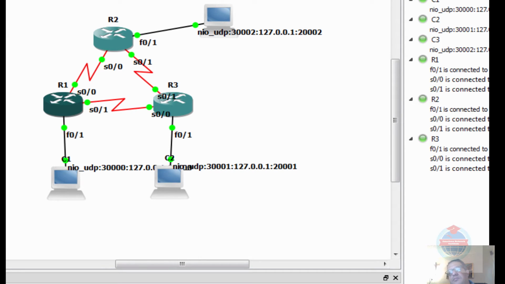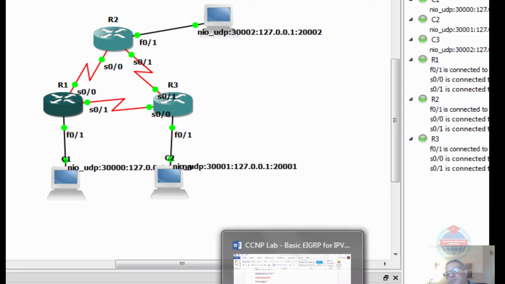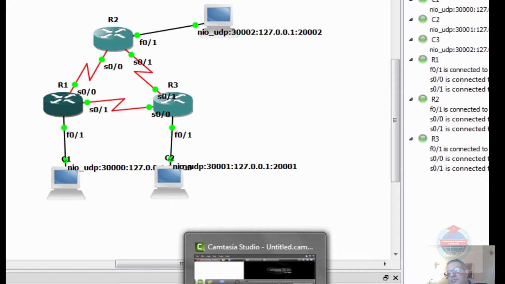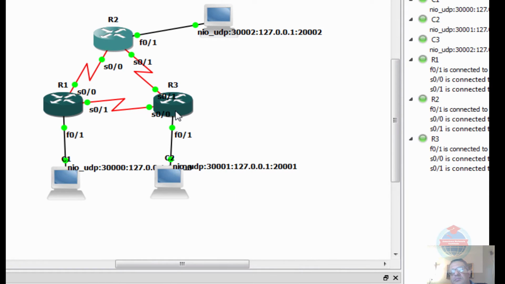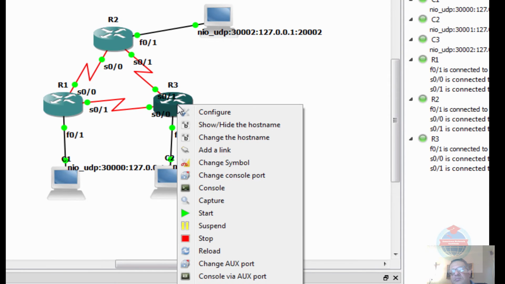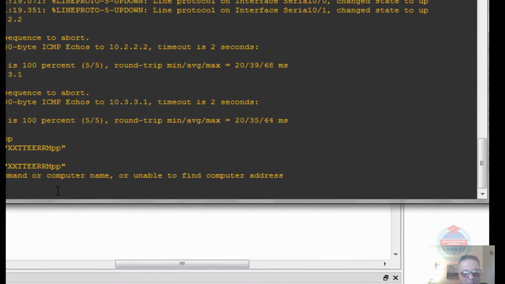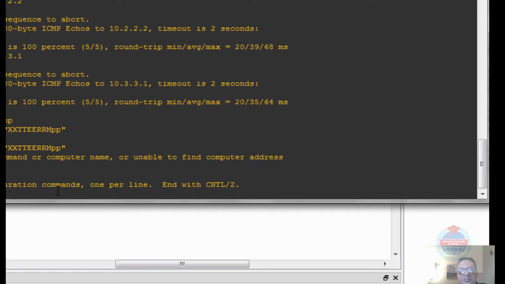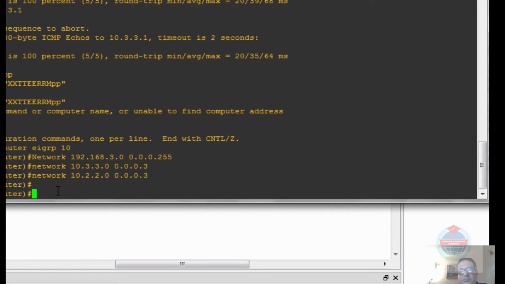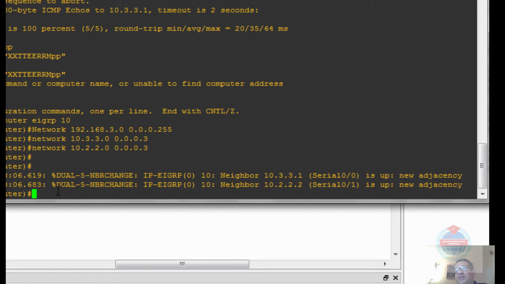Copy. We see some adjacency, guys, and that's excellent.